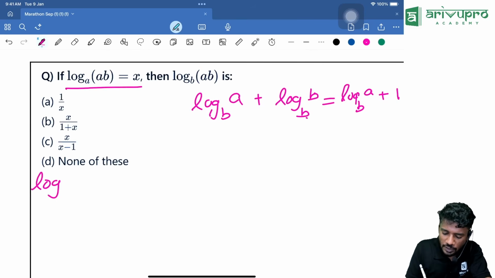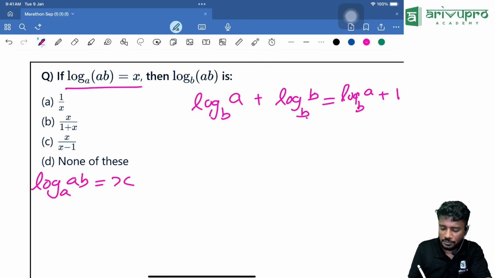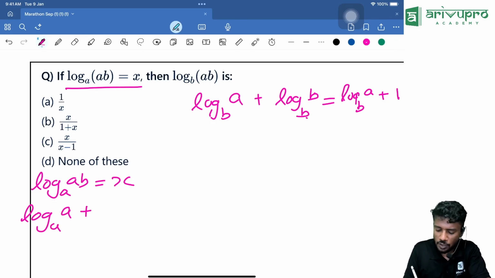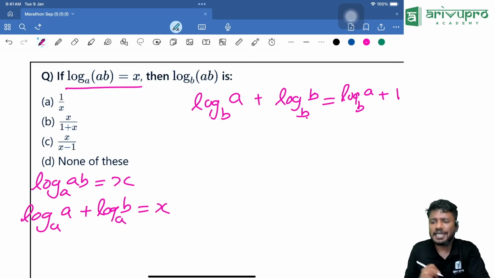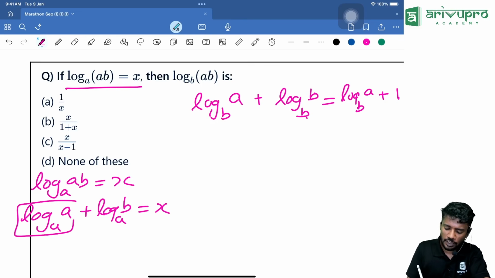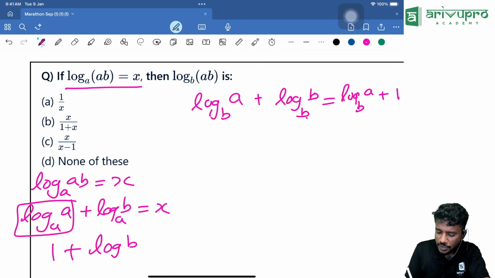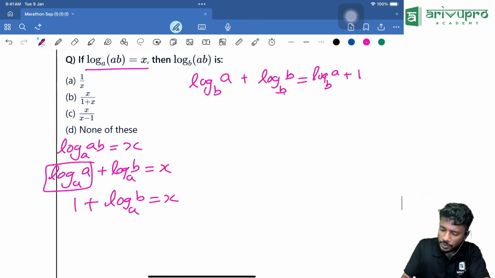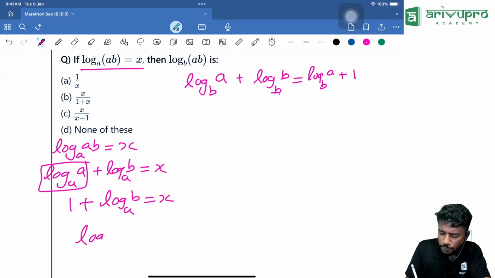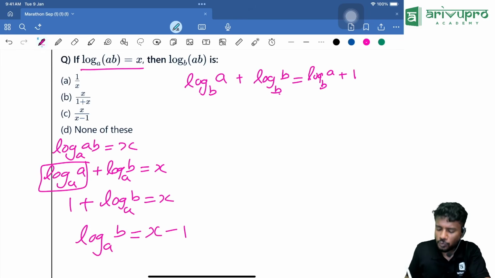Now, the next thing is, what is given in the question? Log of AB to the base A is equal to X. From that, can I write log of A to the base A plus log of B to the base A, which is equal to X? Now 1 plus log of B to the base A is equal to X. So log of B to the base A can be written as X minus 1.